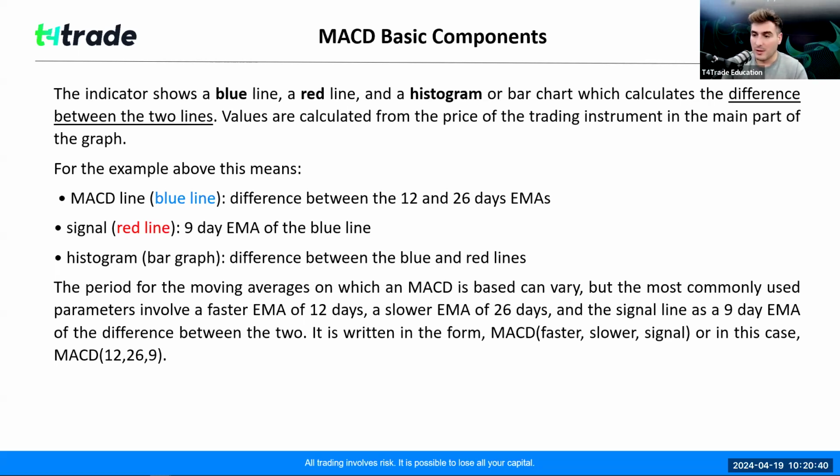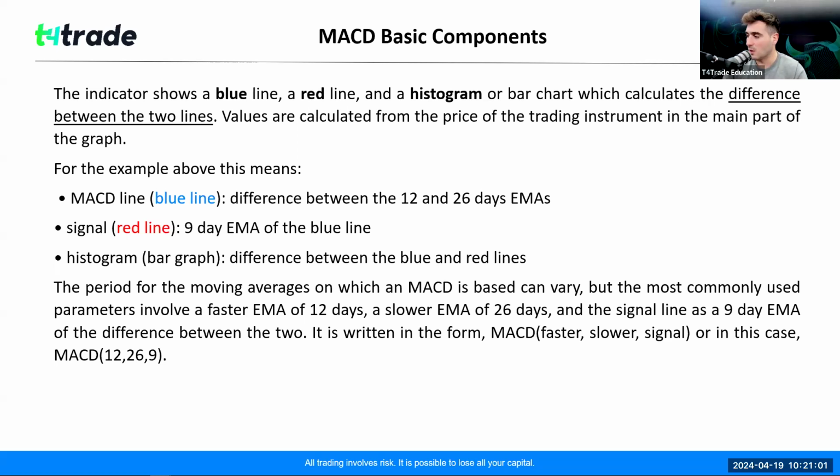The period of the moving average on which the MACD is based can vary, okay? Instead of 12 and 26, you can do 20 and 50. You do you, okay? But the most common parameters involve a faster EMA, which is the 12 period, and the 26, and the signal line is most of the time the 9.